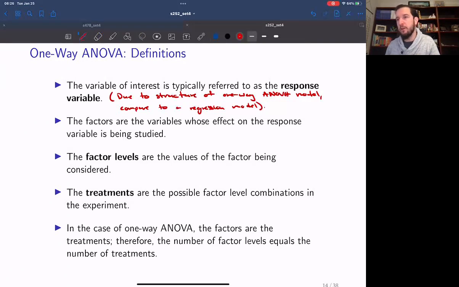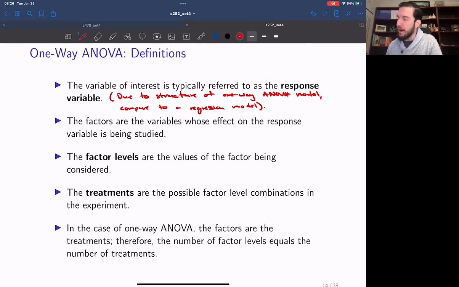And as we're going to see later in the course when we study regression, we can actually show that the one-way ANOVA is a special case of a regression model. In fact, all ANOVAs are special cases of regression models. And that again is why we can also refer to the variable of interest as the response variable. Okay, so whatever it is that we are measuring is the variable of interest and is the response variable. Those are the same things.